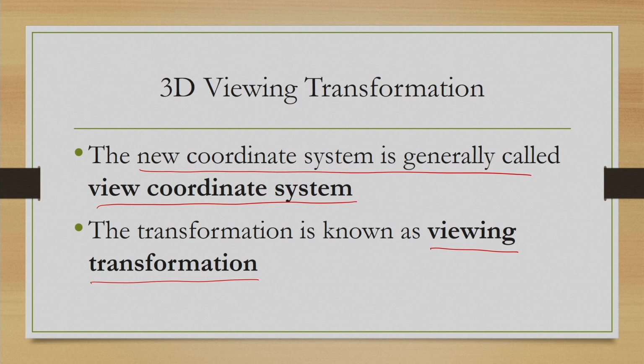So, essentially we are trying to simulate the photo taking process, and the first stage in it is to transform the world coordinate description of a scene to the view coordinate system, which simulates the process of looking at the scene through a viewing mechanism provided in the camera.